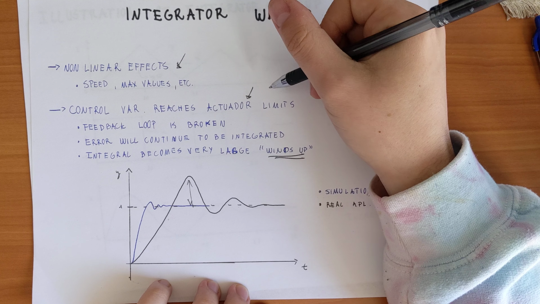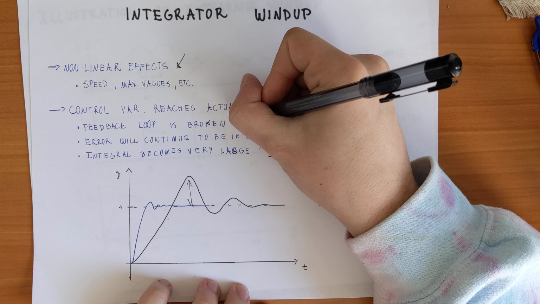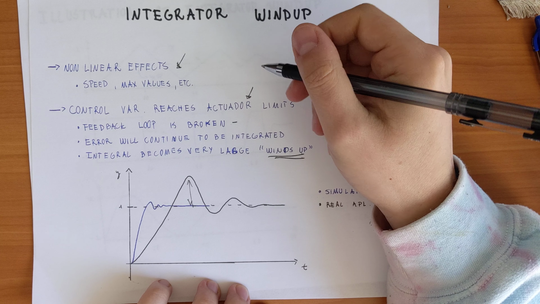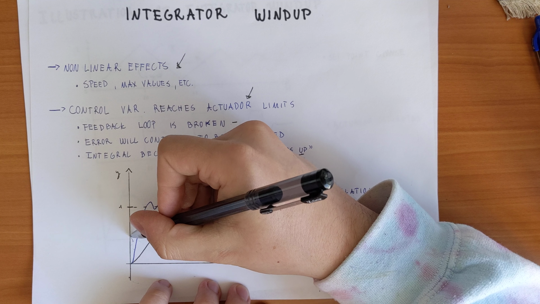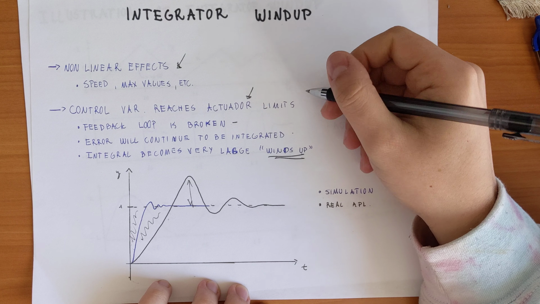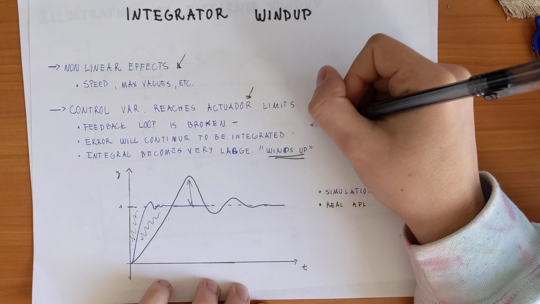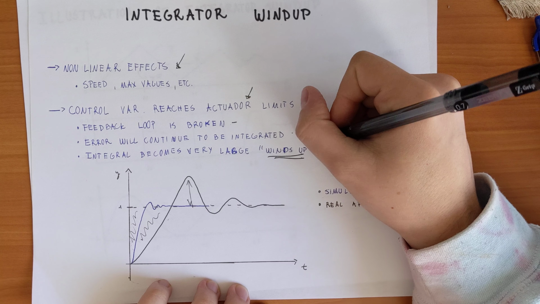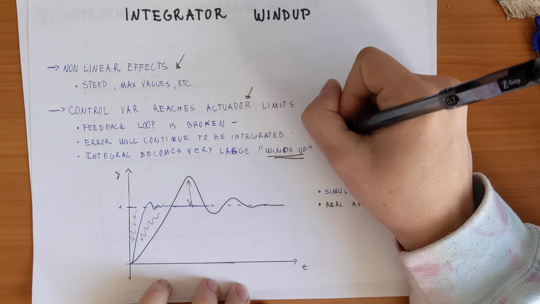So what happens here is that the feedback loop is broken, and this error you have will continue to be integrated. So the integral term of the controller becomes very large, and this is known as windup. So then you have this massive overshoot and a huge rise time and a huge settling time you're not planning for.